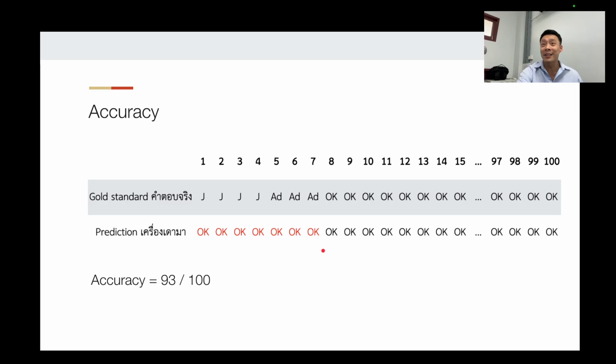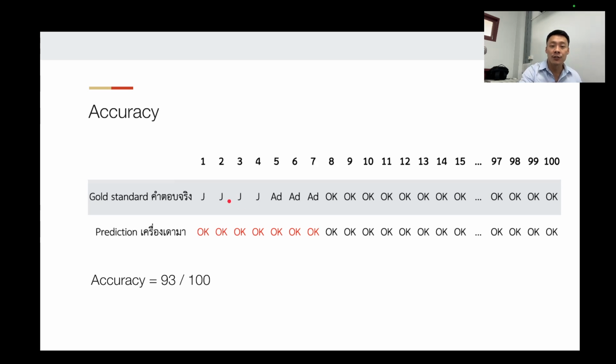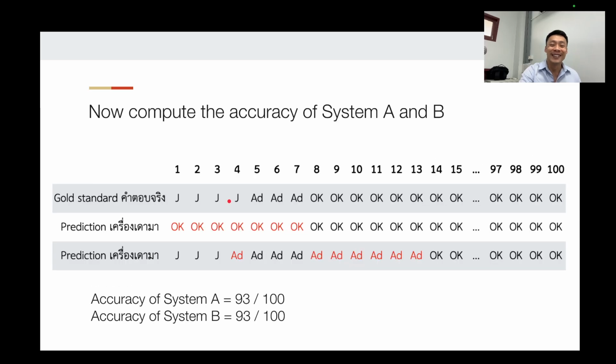Compare that to another system that tries, but got some wrong. It misclassified junk mail as ad, and these can be quite similar.